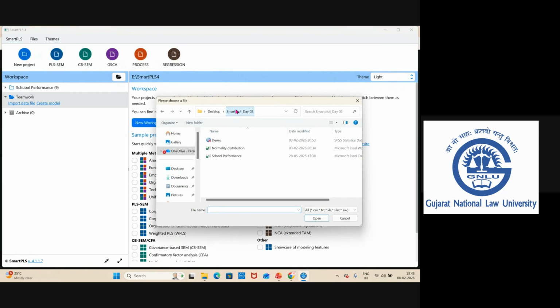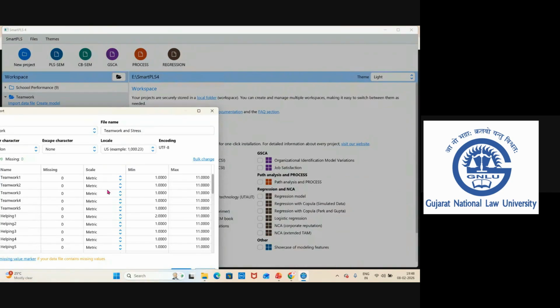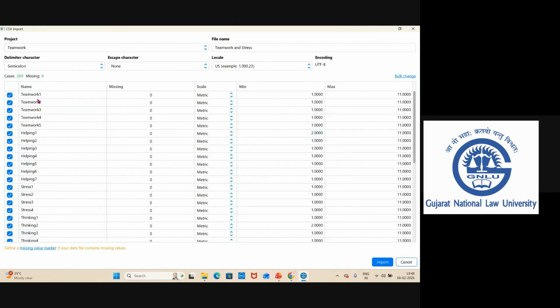In order to import the data file, just locate the file from wherever you have saved it. Just click on import data file. The moment I selected the file, I got the option and I can maximize it. You can see that there are 209 respondents.